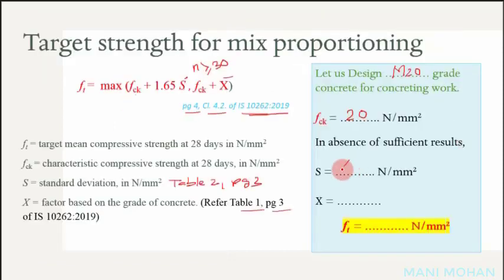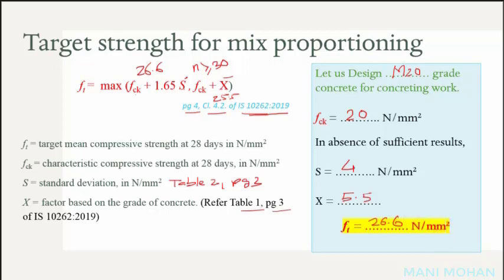So standard deviation is 4 and X is 5.5. You get fck plus 1.65 S as 26.6 Newton per millimeter square and fck plus X as 25.5. Among these two, 26.6 is maximum. So the target strength for which you are going to design your M20 grade concrete is 26.6 Newton per millimeter square.